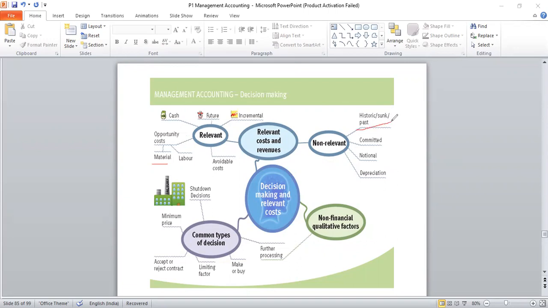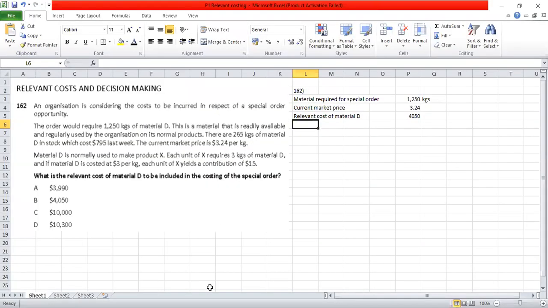The relevance of the cost will be related to only 1,250 if they are purchased at whatever is the rate. Okay, but the other units which are there, the 265 kgs of material D in stock, nothing has to be done to take it up.